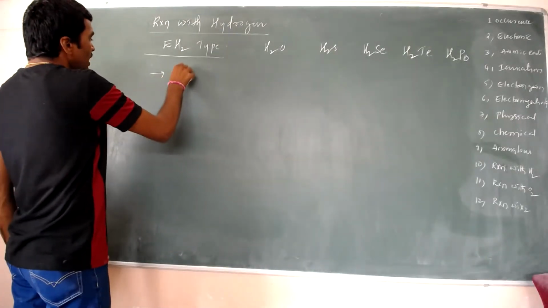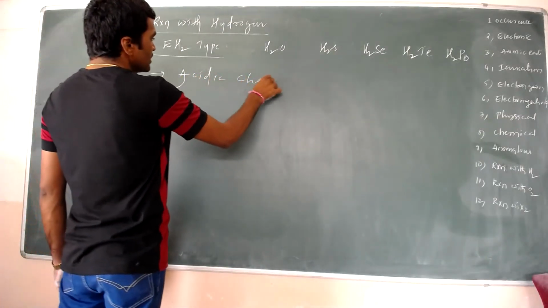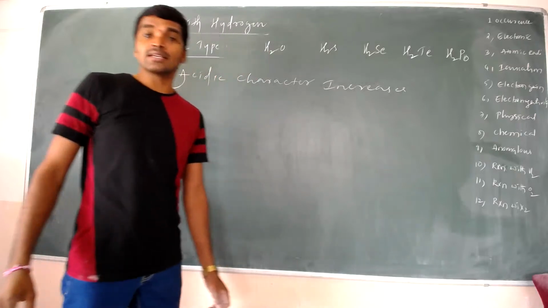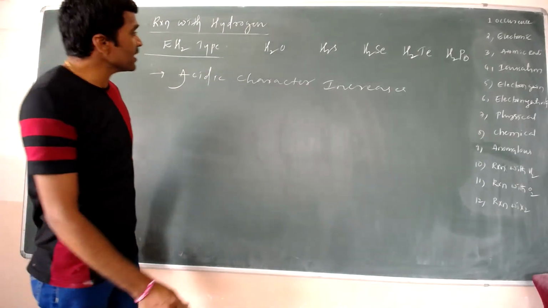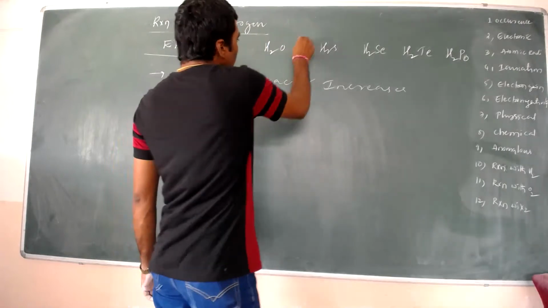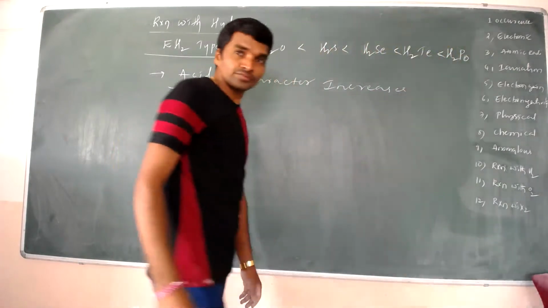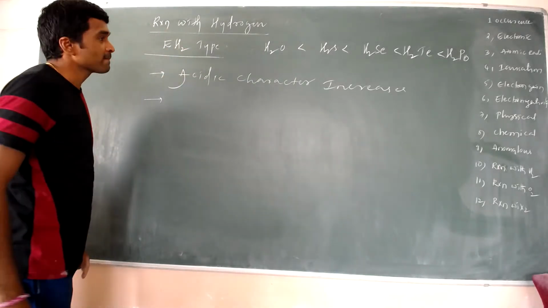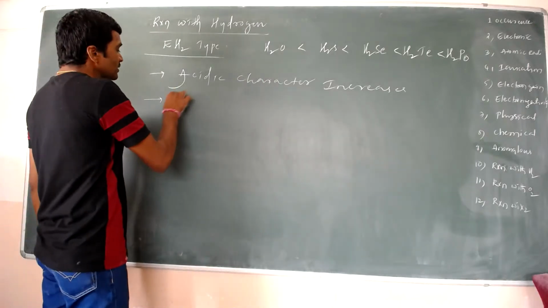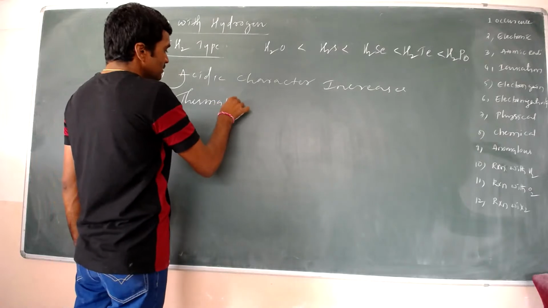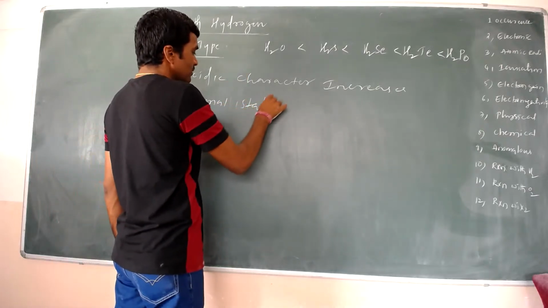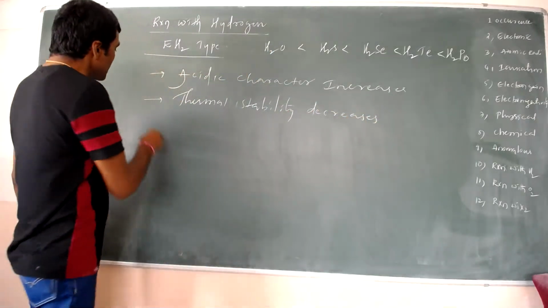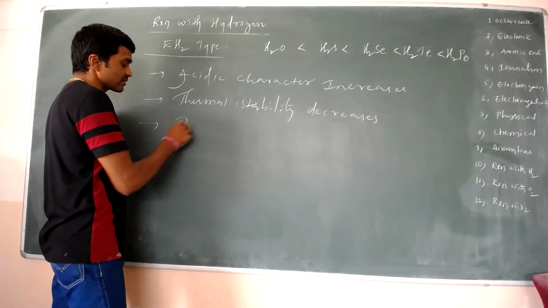For these hydrides, the acidic character is important. The acidic character increases down the group. Why does it increase, sir? Because thermal stability decreases, and the bond dissociation enthalpy also decreases.